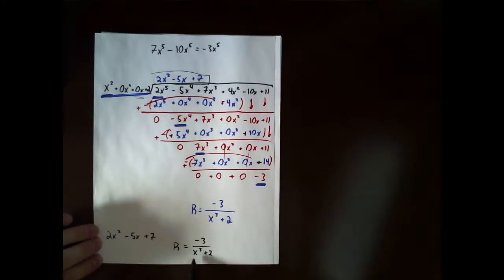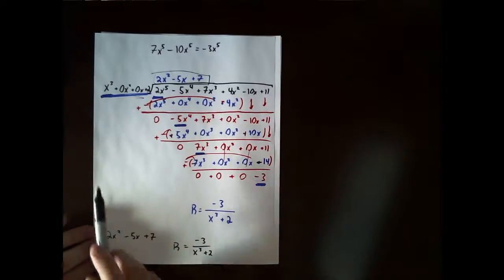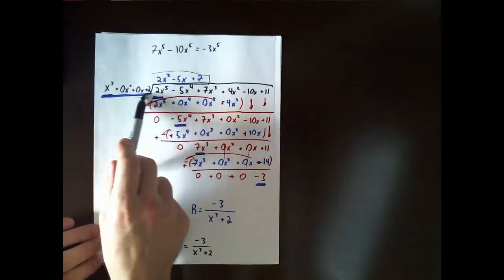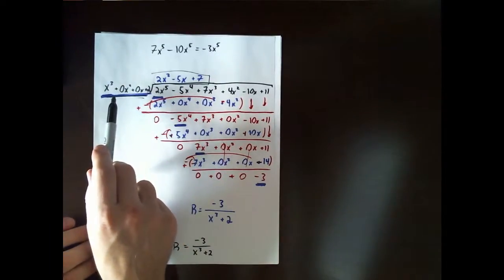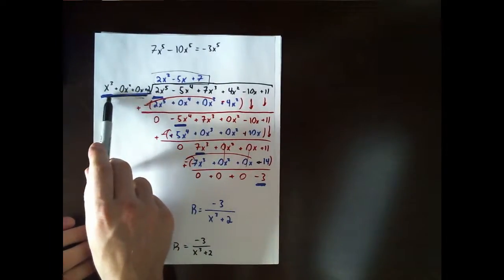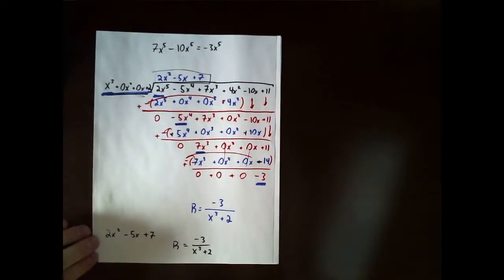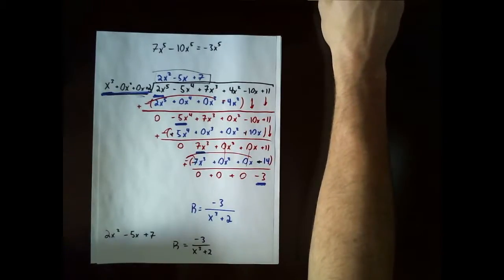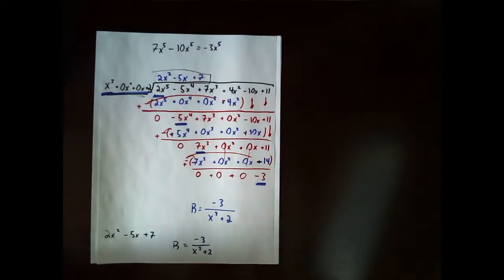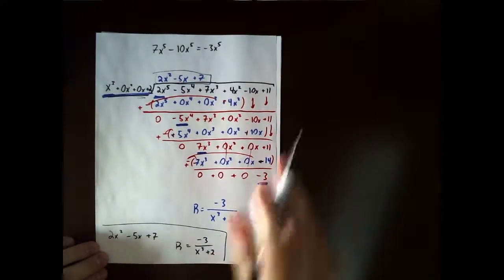And the denominator of your remainder is always going to be this term outside right here. So it's always going to be your divisor, and you're just going to stick it right down there. So I'll probably do another example that's even slightly more difficult, but here's our answer for this one.